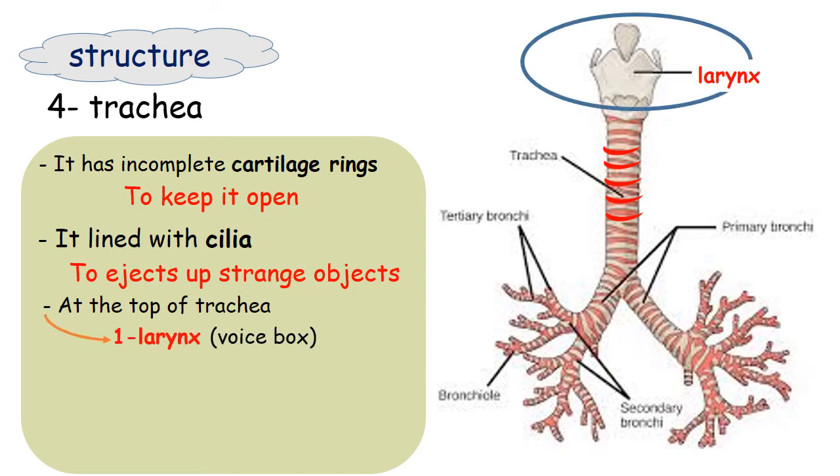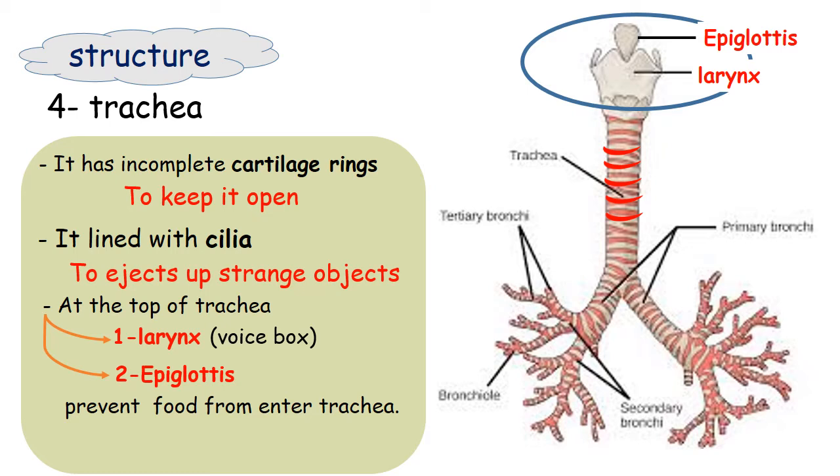At the top, it has the larynx, which is the voice box, and the epiglottis, to prevent food from entering the trachea.